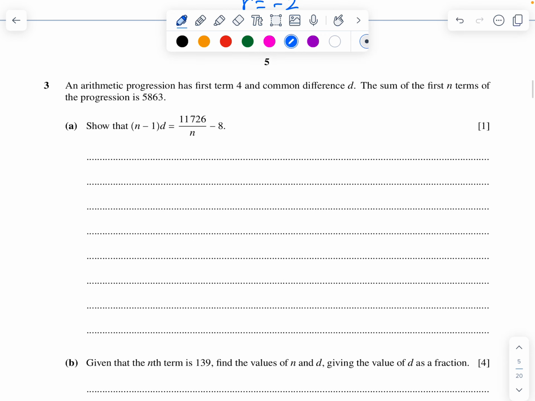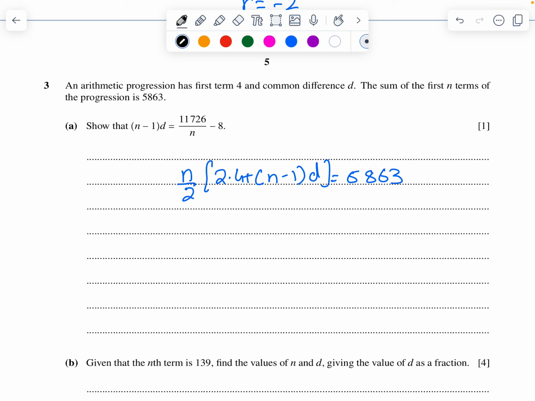Coming to question number 3. An arithmetic progression has first term 4 and common difference d. The sum of the first n terms of the progression is 5863. Show that... So the formula is n upon 2, 2a plus n minus 1 times d equals 5863.